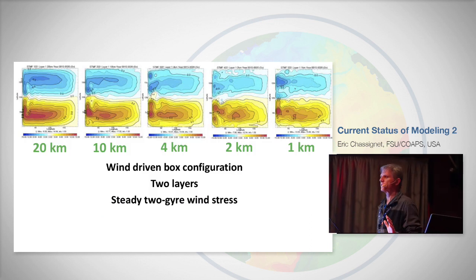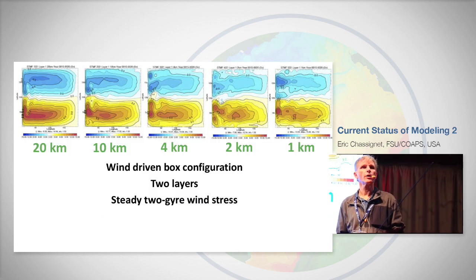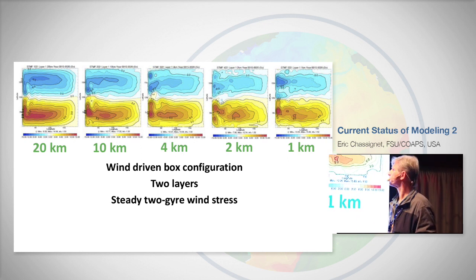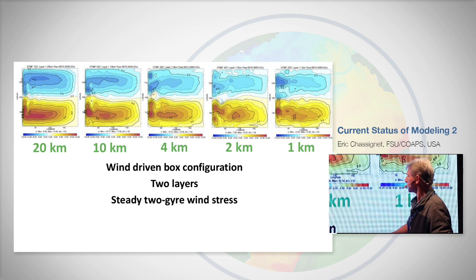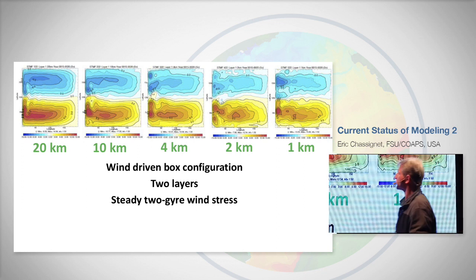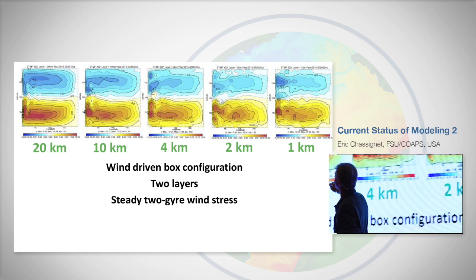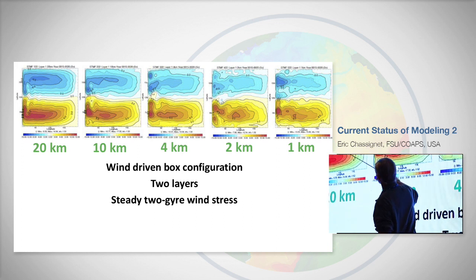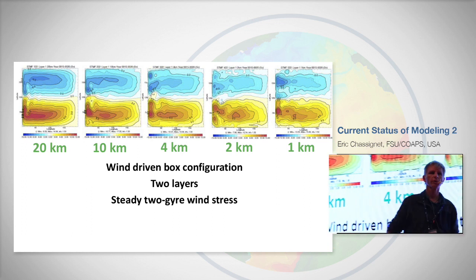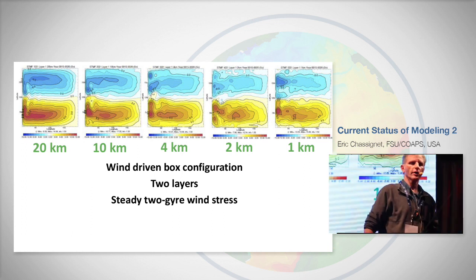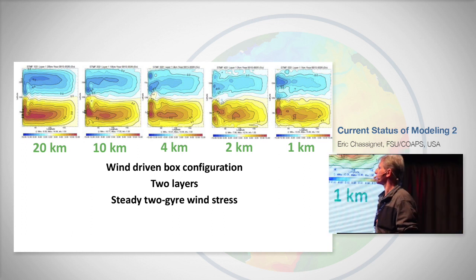So what we've done is to go to a very simple box configuration, with steady 2-gyre wind stress. So you have two gyres, with the western boundary current separating in the middle here. This is a very classic idealized box configuration that has been used extensively for the past 40 years.